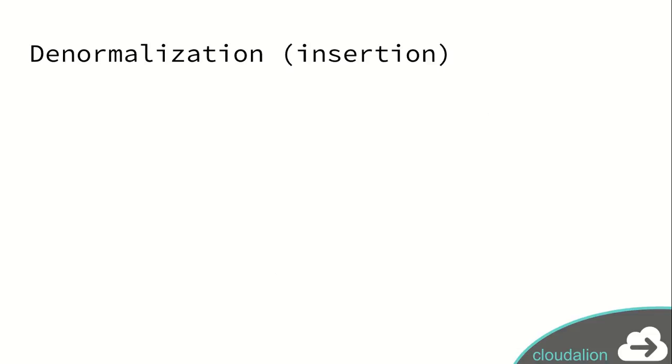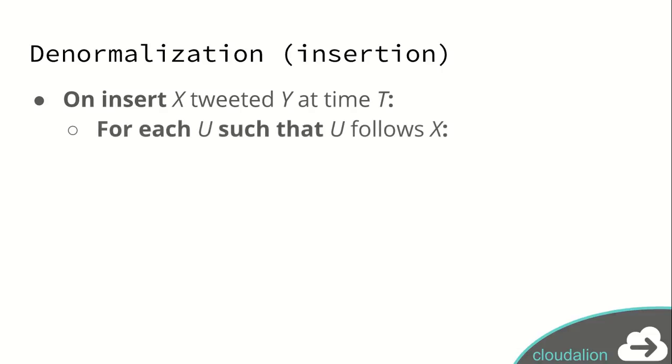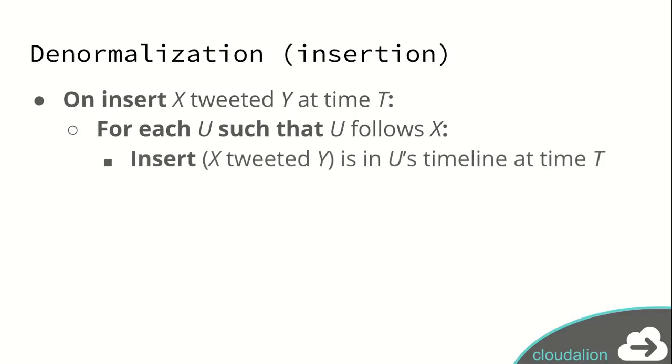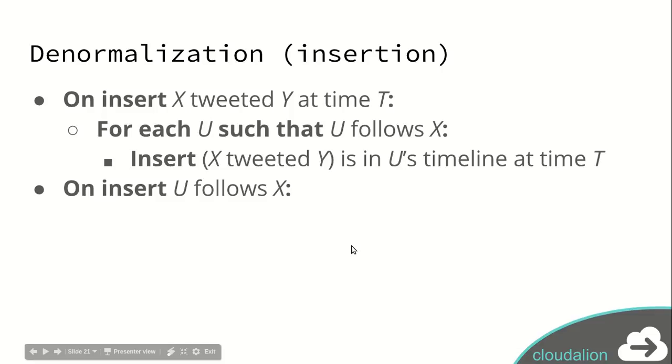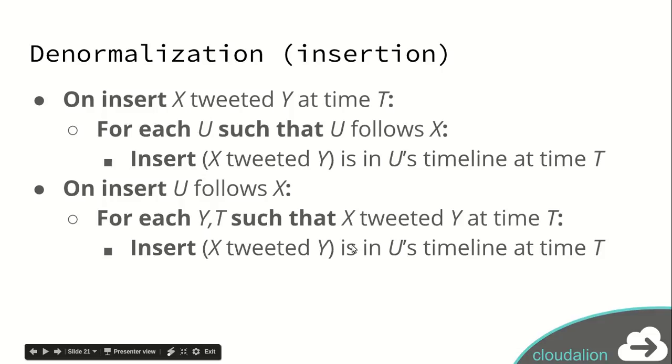How is it implemented? So when a user tweets, the business logic goes over all the followers that user has and puts the tweet in their timelines. But that's not enough. When a user starts following another user, the business logic needs to go through all the tweets already made by that user and put them in the first user's timeline.